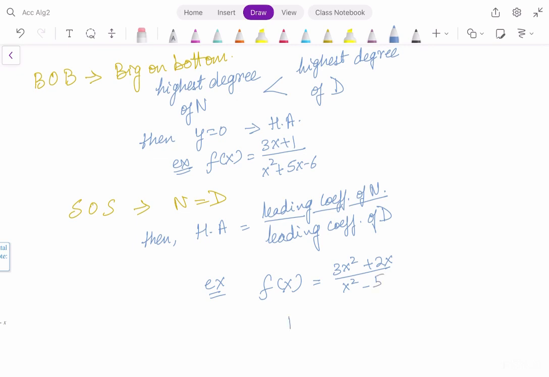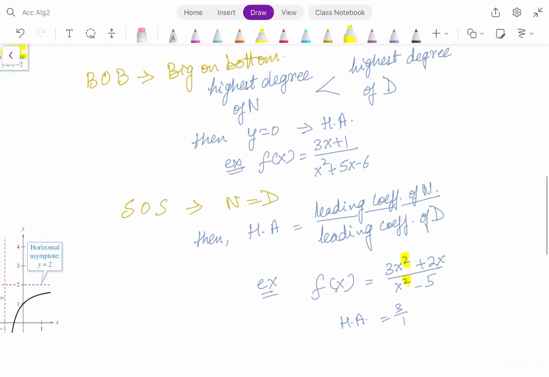So the highest power in the numerator is 2. The highest power in the denominator is 2. So the leading coefficient is 3 in the numerator and the leading coefficient is 1 in the denominator. So the horizontal asymptote will be 3. That will be my horizontal asymptote.